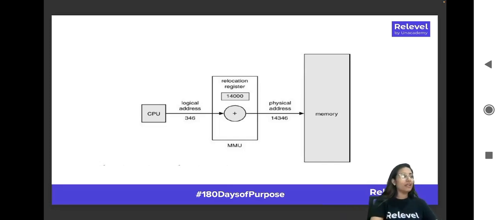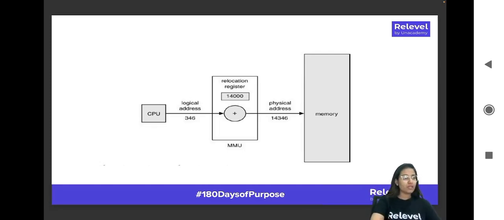Because we've simply added 14,000, the value of the relocation register, to it. Always remember, as a user, you are just going to deal with logical addresses only. The memory management unit basically converts the logical address to the physical address, and the final location of the memory address is not determined until that reference is made.